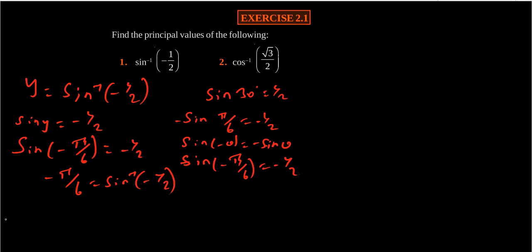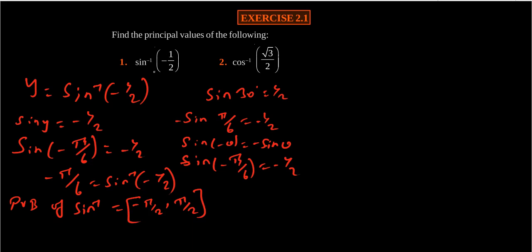We know the principal value branch of sine inverse function is between minus pi by 2 and plus pi by 2. This is the principal value branch of sine inverse function.